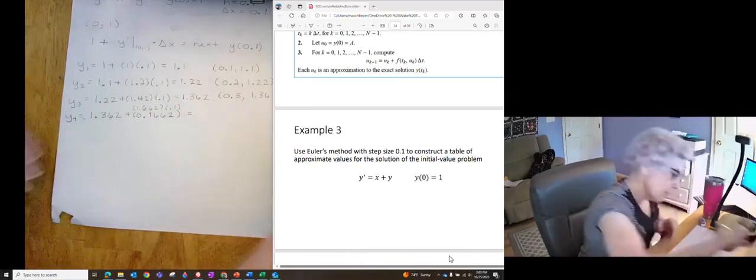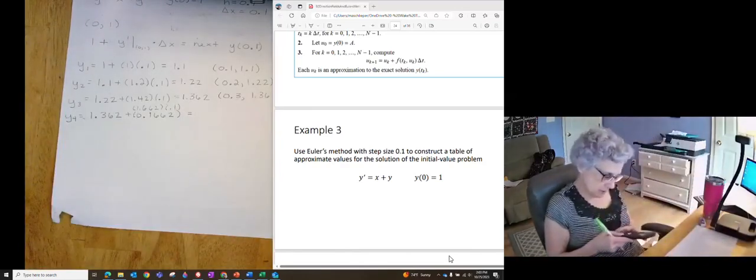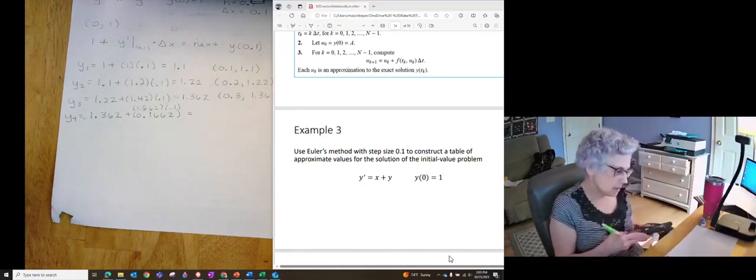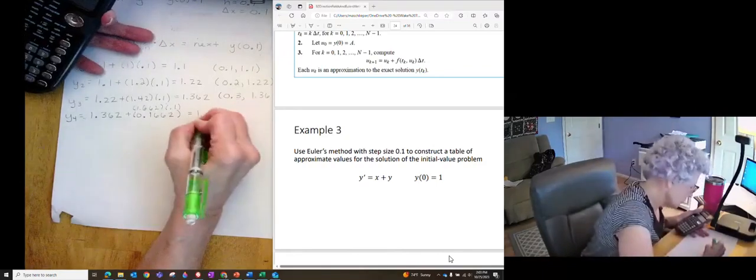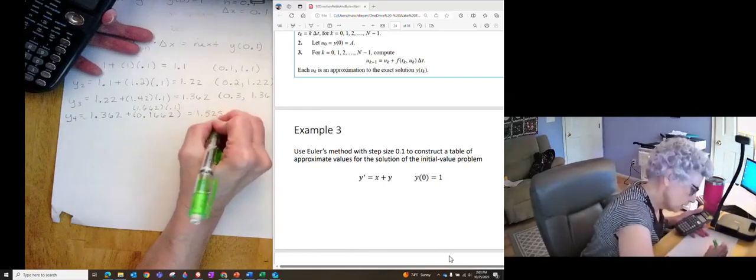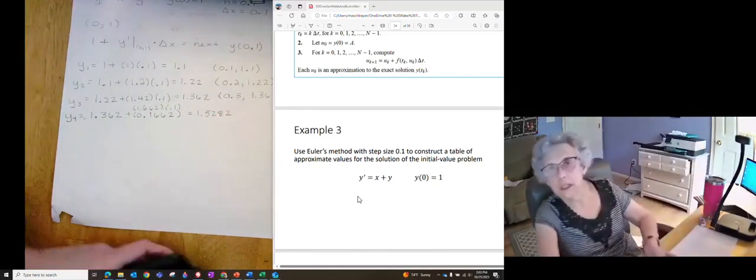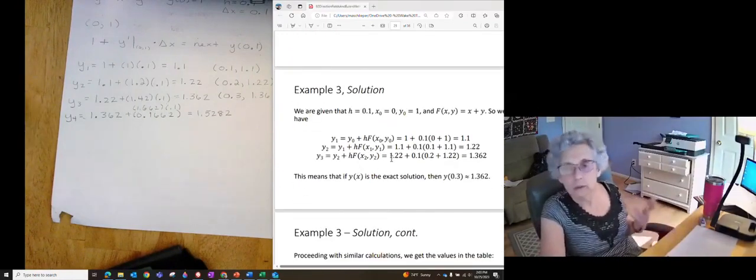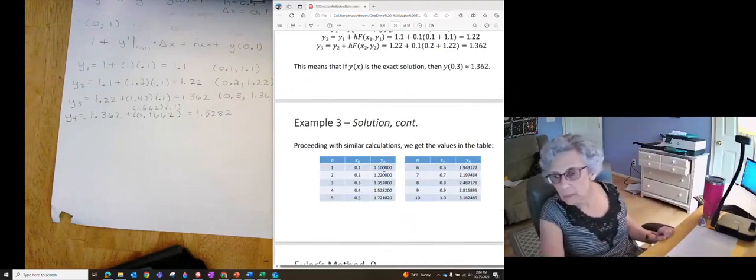Okay, and now I add that back to my 1.362, and I accidentally multiplied too many times, so let me just type it in again. 1.362 plus 0.1662 gives me 1.5282, which is my next y.